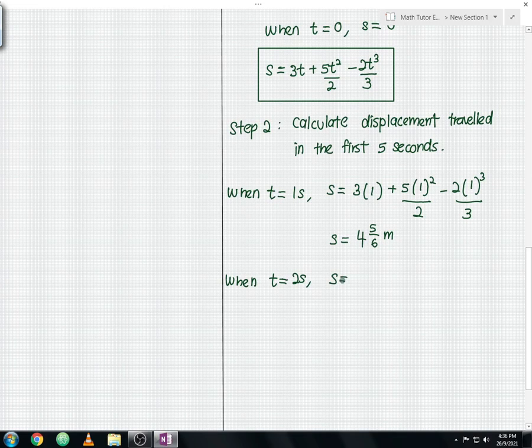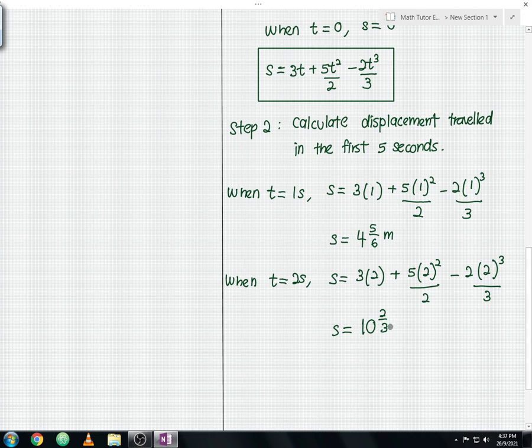So from here, your S is equal to 3 times 2 plus 5 times 2 square over 2 minus 2 times, should be 2 here, 2 cube over 3. So you calculate this. So from here you get your displacement is equal to 10 2 over 3 meter.